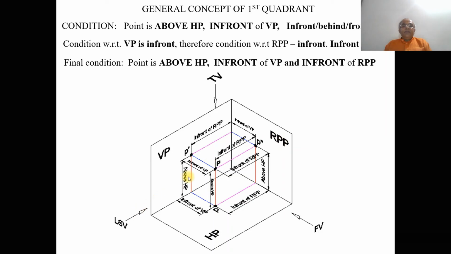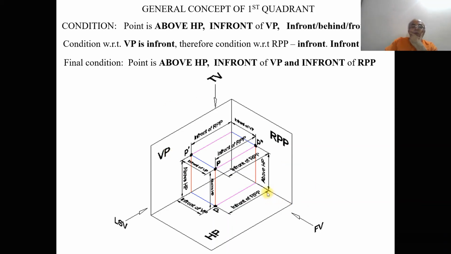Always the condition of the front view has to be satisfied when you are looking from the profile view. So what is the condition of the front view with respect to the observer? The object is between the plane and the observer. The same condition has to be satisfied when you are looking from the profile view.